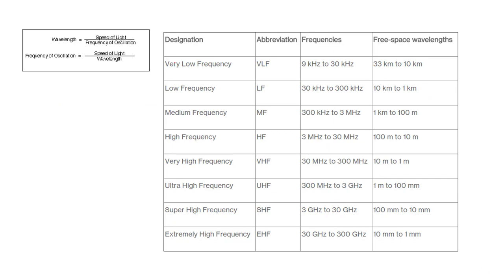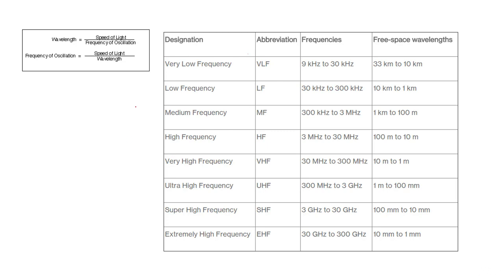We start with very low frequency, from 9 kHz to 30 kHz, and it goes to low frequency, and it goes on until we reach the extremely high frequency, here from 30 GHz to 300 GHz. So we call this the spectrum. As you see, the range is divided into different categories, and most of the time we allocate these ranges to different kinds of applications, which we are going to show in the next slide.